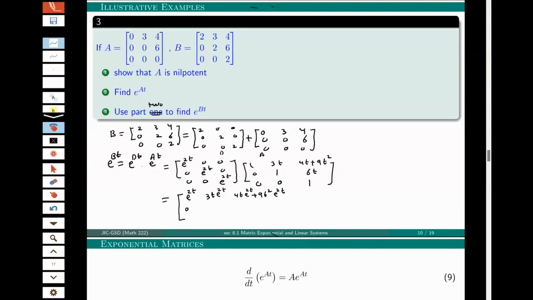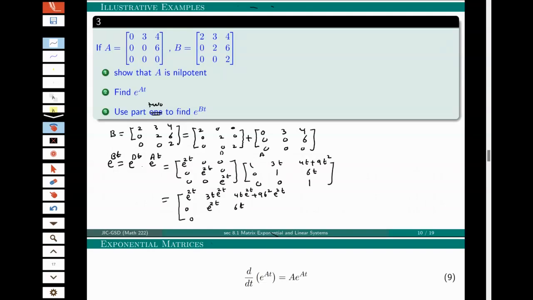We will get here second row times first column is 0. Second times second, it will be e to the power 2t. Second by third, that will be 6t e to the power 2t, and third row by first column will be 0.